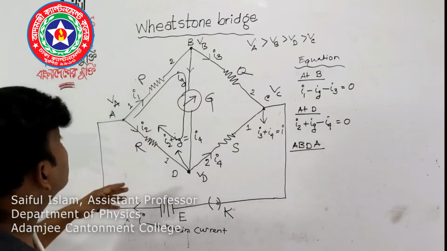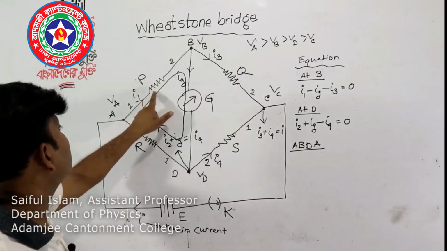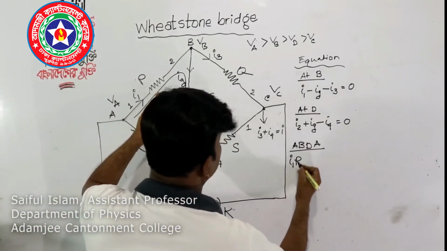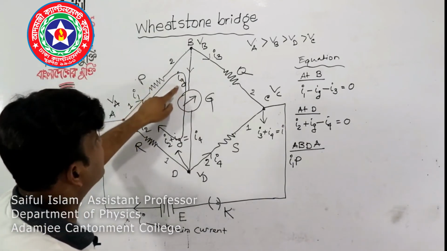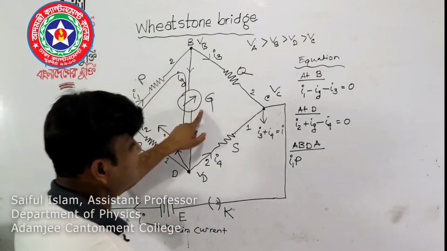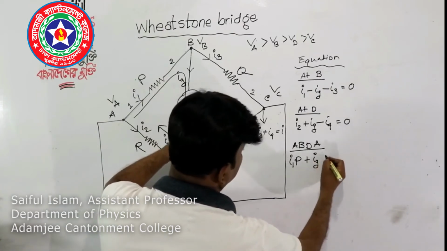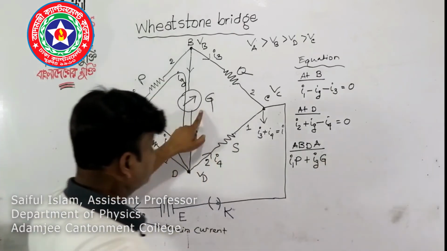So according to the voltage law, we get I1P plus, here the current is Ig and the resistance is capital G, so we write IgG.